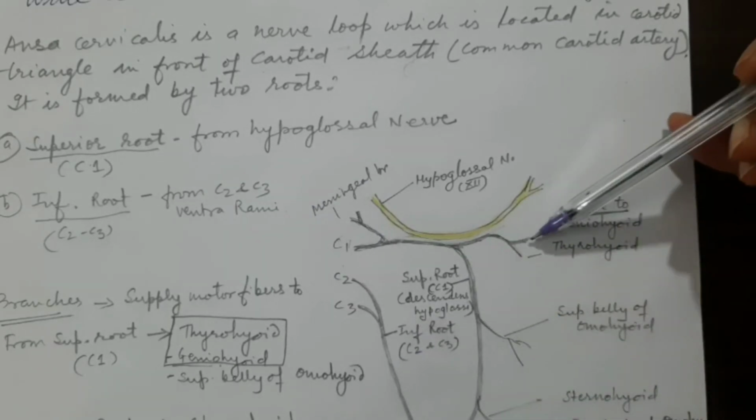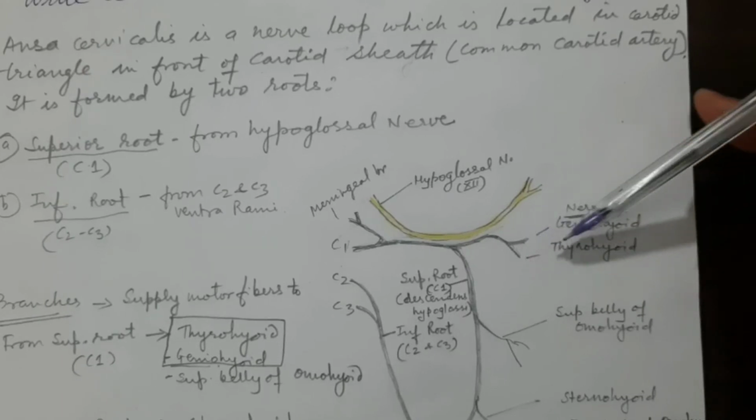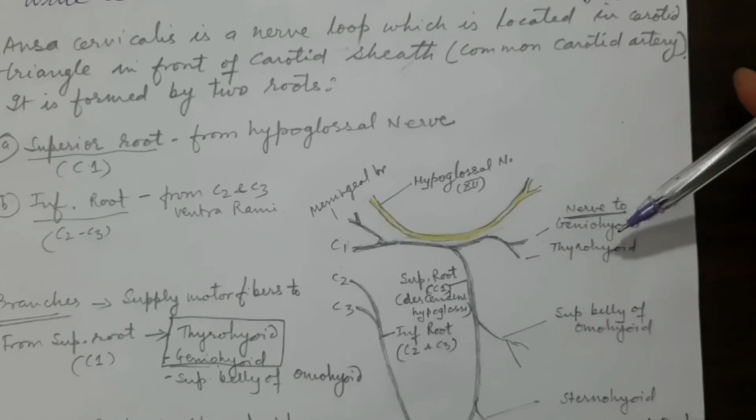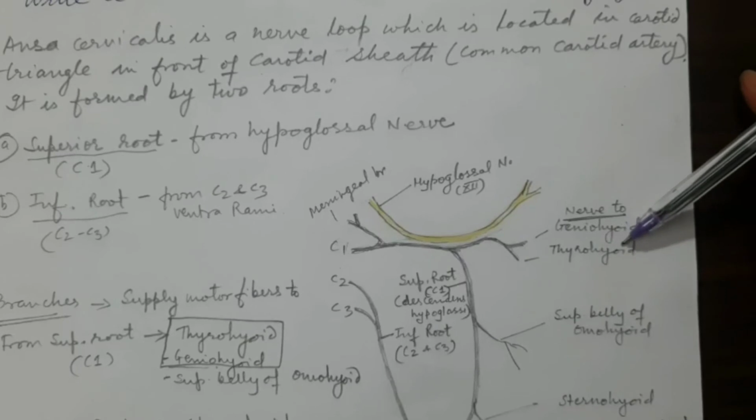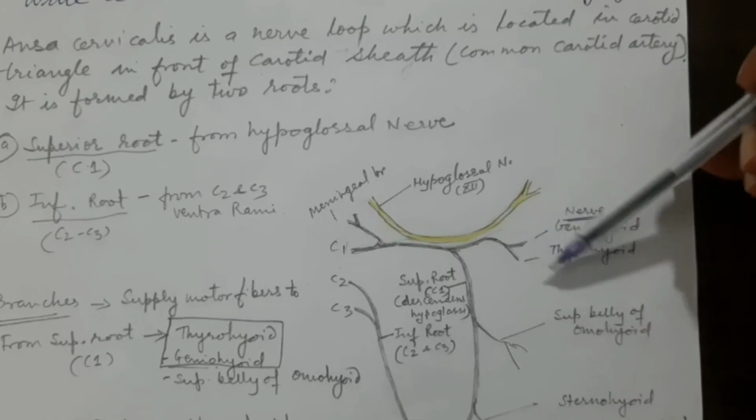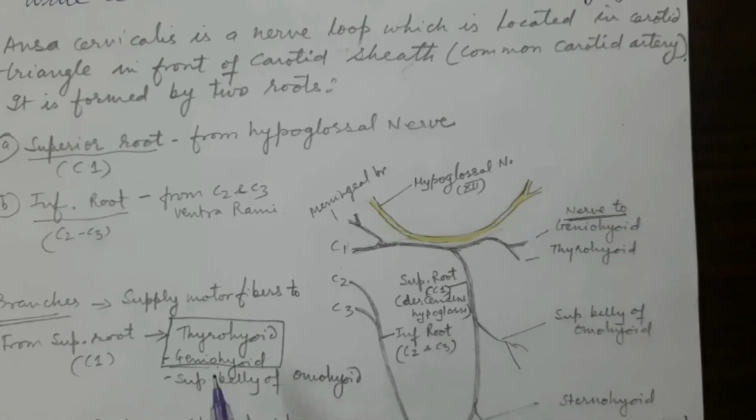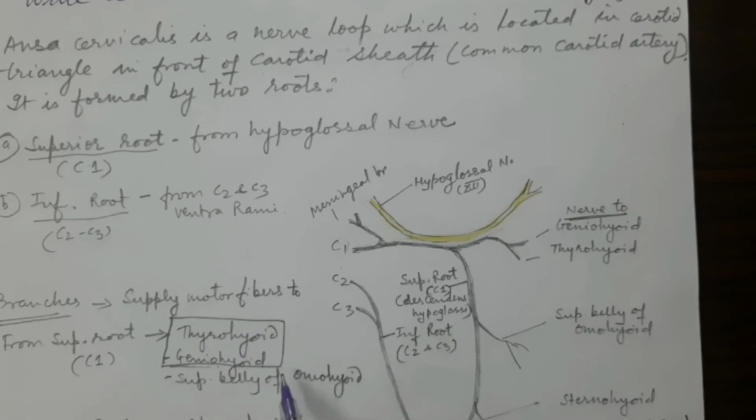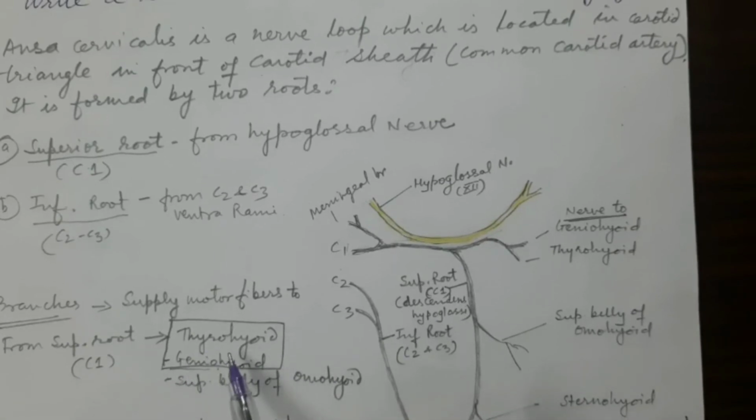Otherwise, though it contains C1 fibers going to the muscles geniohyoid and thyrohyoid, they are not considered as branches from the Ansa cervicalis. That's why I have put them in a rectangle here, thyrohyoid and geniohyoid. So they are not branches from the Ansa cervicalis.